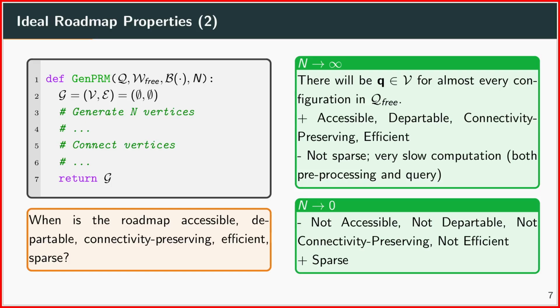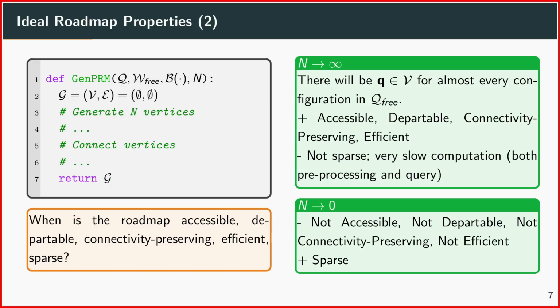Of course, it's also departable, and it would also be connectivity preserving. So you can basically always go from one point to another by just making very small moves along the configurations which you have sampled. And in the same sense, it's also efficient because you have such a broad array of configurations that you can always represent the optimal paths.